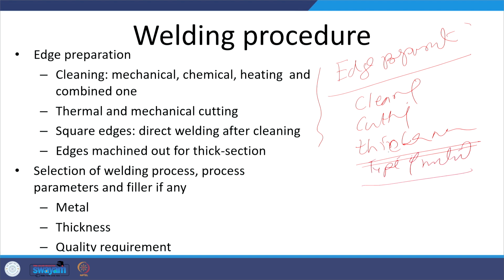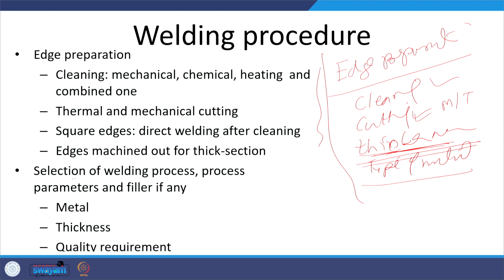About this we will talk a little later in detail. So, edge preparation involves cleaning and cutting. We can use mechanical cutting, we can use thermal cutting as per the kind of metal, and we can perform cutting in different ways to produce grooves of different types as per the section thickness and other purposes which are required from a given joint.